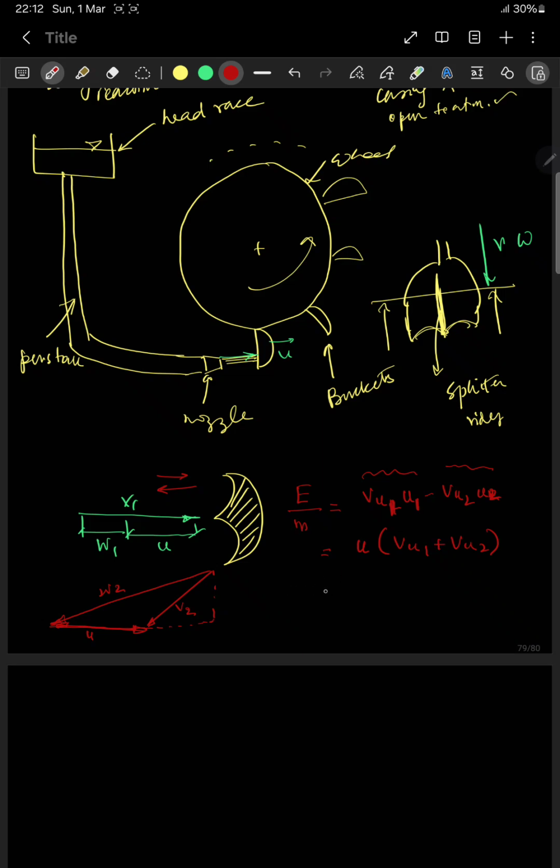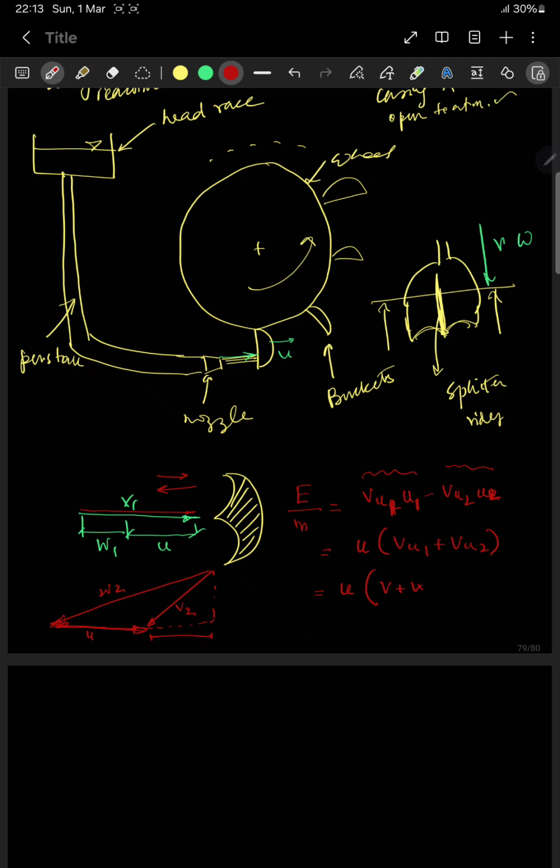So this is equal to u into v_u1, this entire thing is v, plus v_u2.